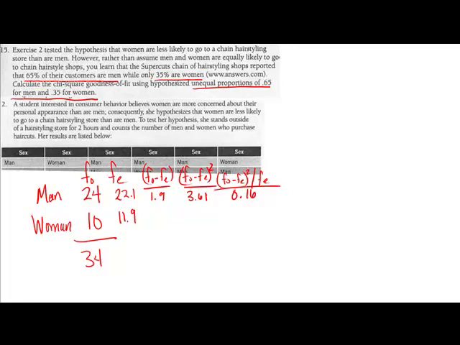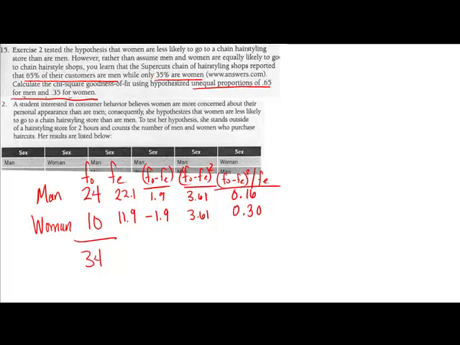For women, we're going to have a negative 1.9. 10 minus 11.9. Yep, negative 1.9. Square that. We again are going to get a 3.61. Divide that by the frequency expected, which is 11.9 for this one. And we get 0.303. So we're good with that one.